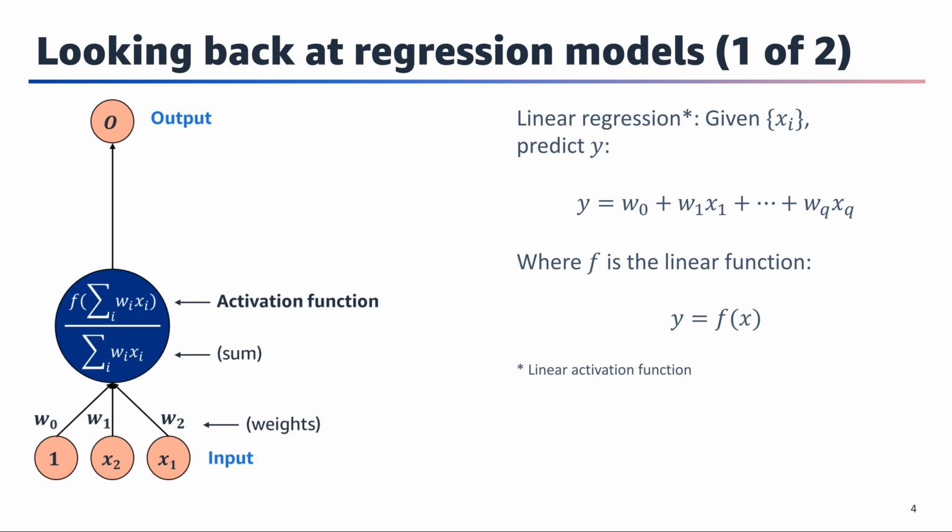Given some inputs, two are shown here for simplicity, x1 and x2, along with the bias, 1, linear regression takes the inputs, weights them accordingly by weights w0, w1, and w2, sums the weighted inputs, and examines the weighted sum.